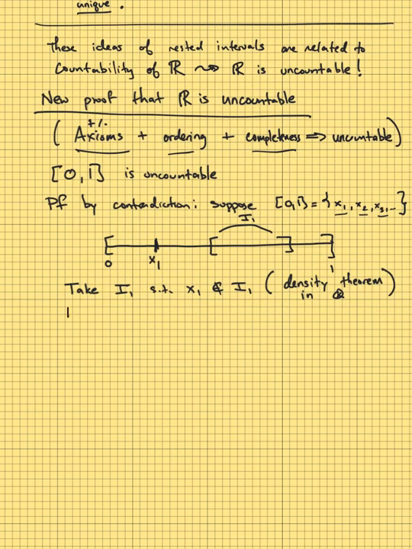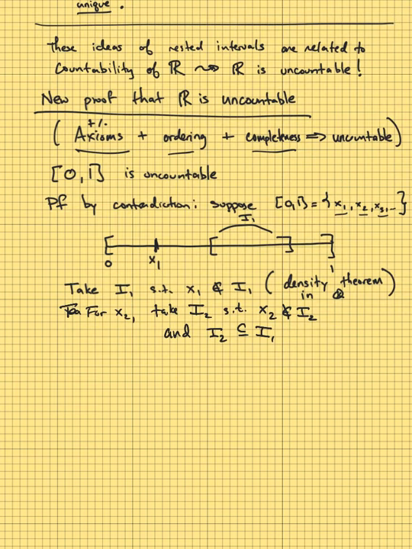Okay, so now for x sub 2, we take the interval I sub 2. Well, let's be a little bit more careful. So first, x sub 2 should not be in I sub 2, and I sub 2 should be contained in I sub 1.